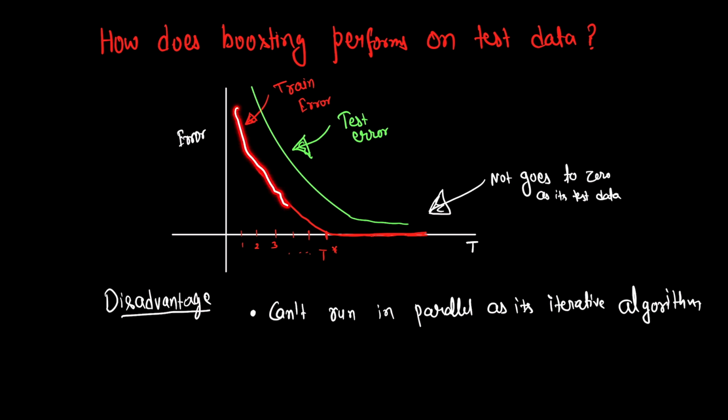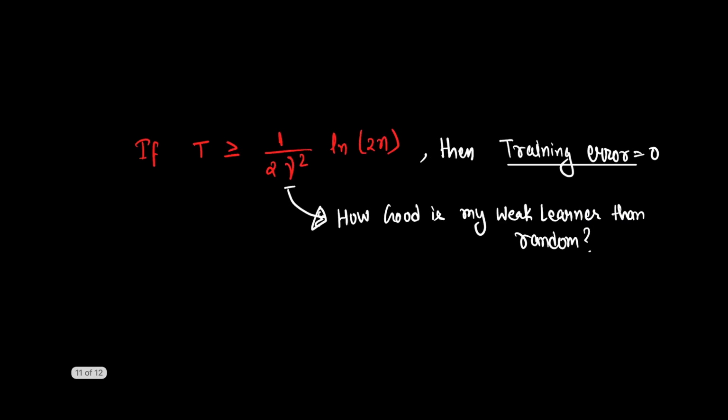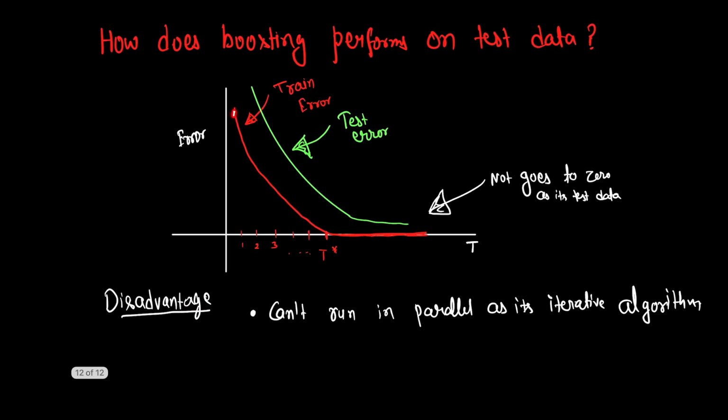As T increases, our training error reduces, and after a certain T, that is T star, it goes to 0.